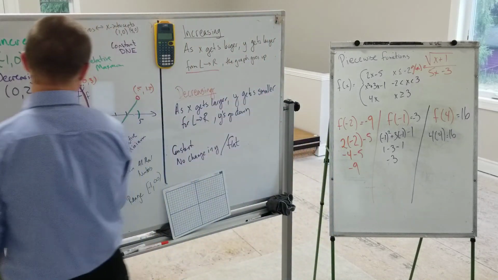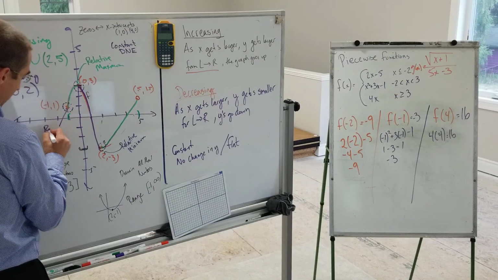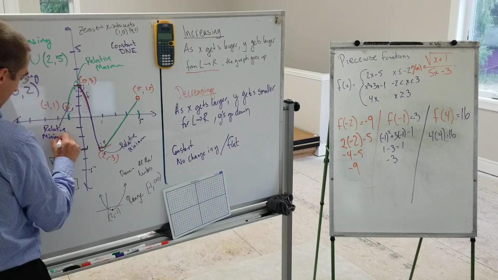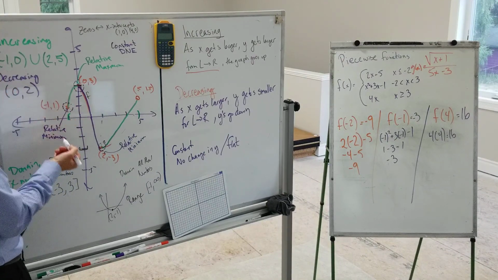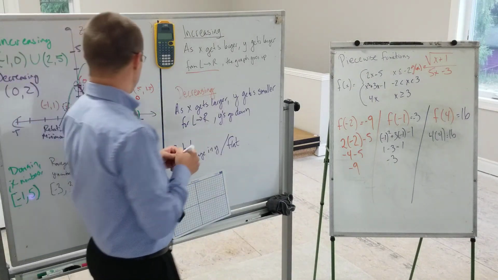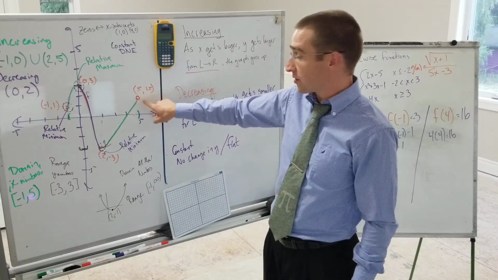This right here is also a relative minimum, because if I draw that circle around the point -1, 1, that's the lowest y value we get. This point is not a relative maximum though, because there's that open circle.